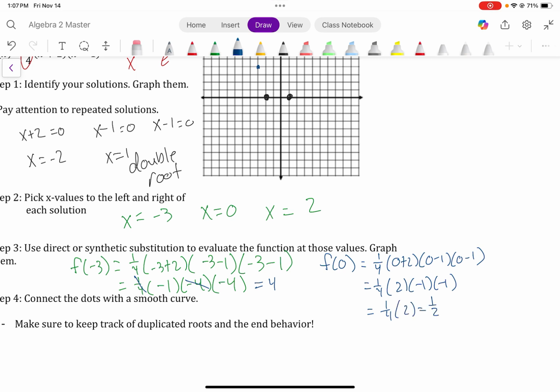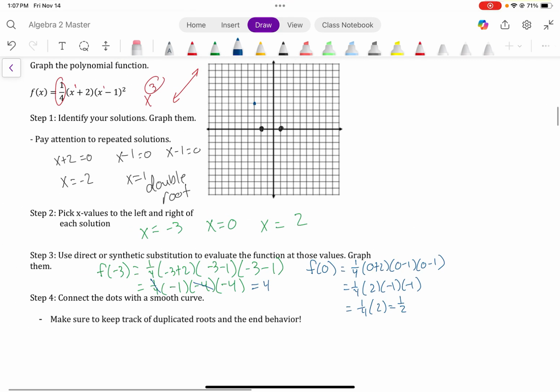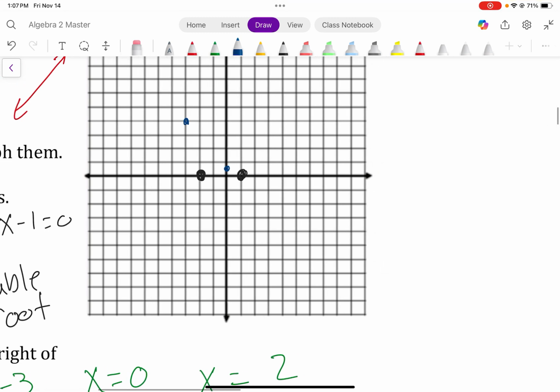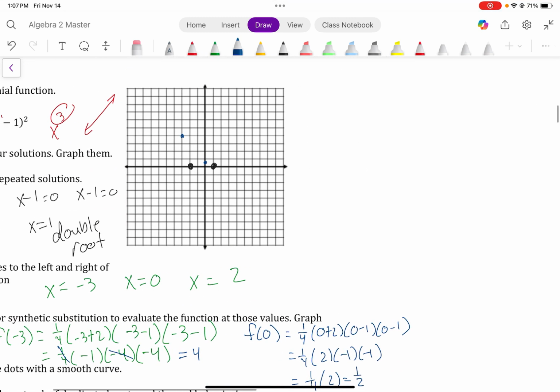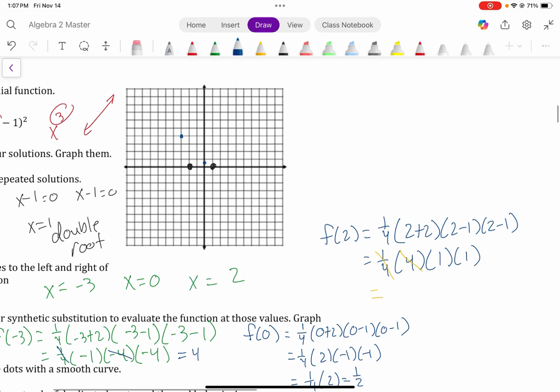Negative 1 times negative 1, positive 1. All right, so 0, 1/2. I'll zoom in to try to get that close. And then just for space's sake, I'm going to do f of 2 up here. 1/4, 2 plus 2, 2 minus 1, 2 minus 1. 1/4 times 4 times 1 times 1. Again, 1/4 and the 4's cancel. This is just going to give me 1.